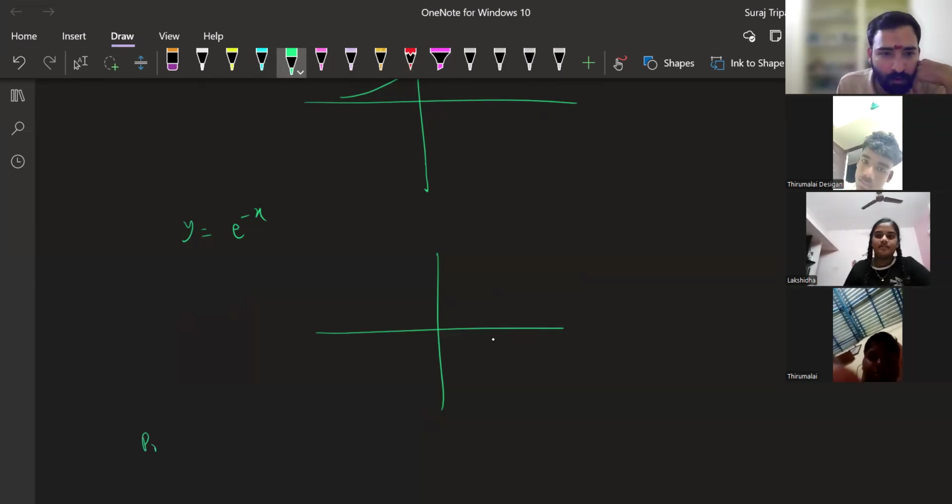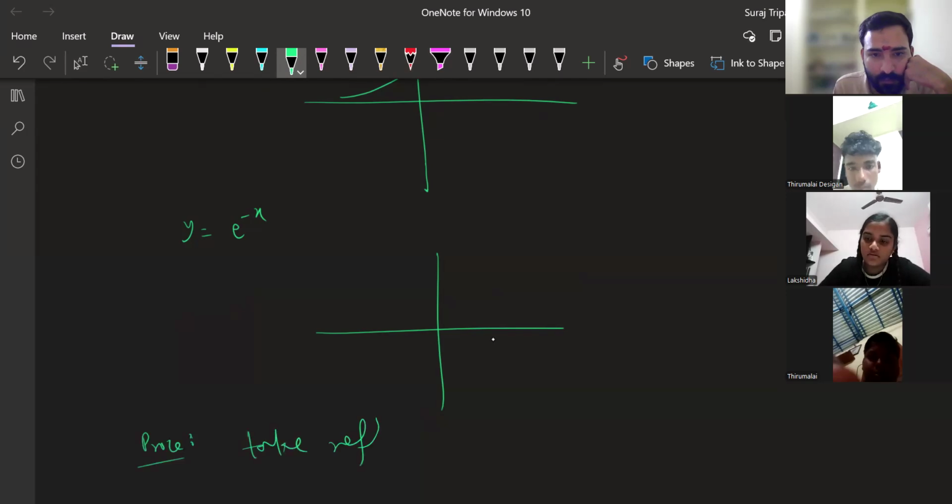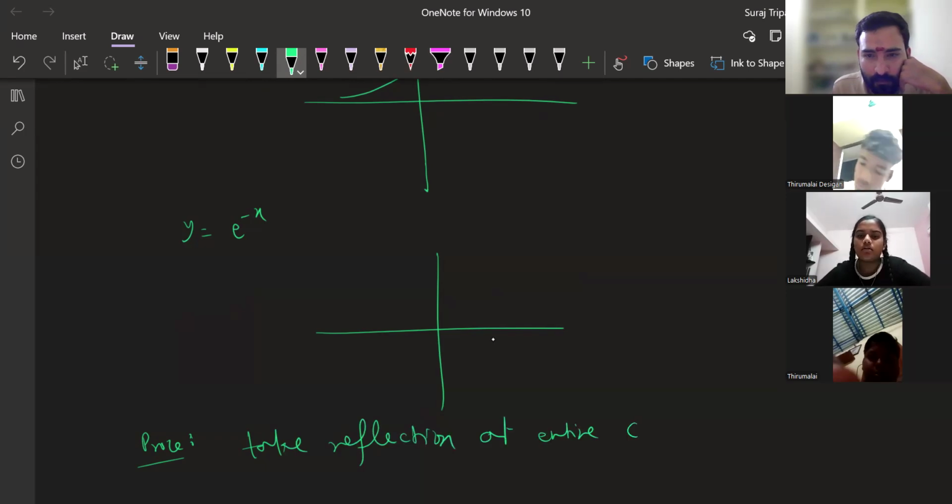Okay. So what procedure are we following here? Just we are taking reflection of the entire curve along the y-axis. This is the procedure we are following here.